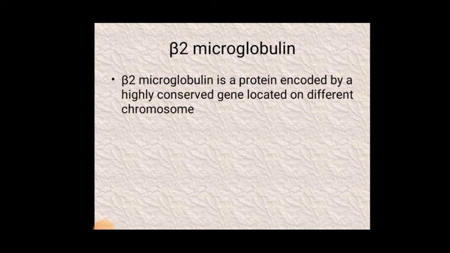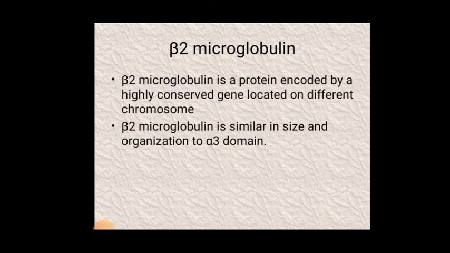It is not located within this region, that is the HLA A, B and C region, but on another gene. Here we can say that majorly within the MHC class I molecule there is a single polypeptide chain, and this single polypeptide chain is associated with another protein which is encoded by another gene located on a different chromosome.